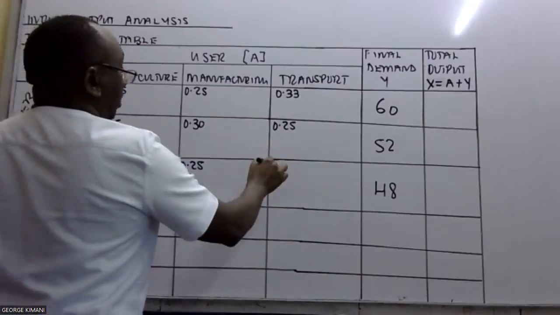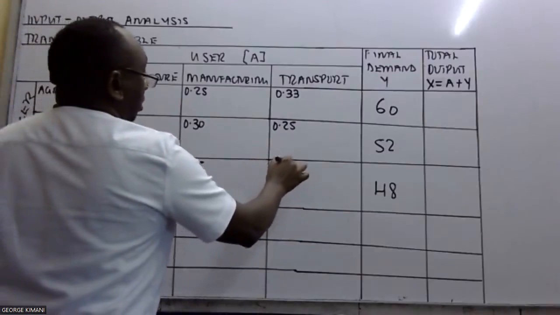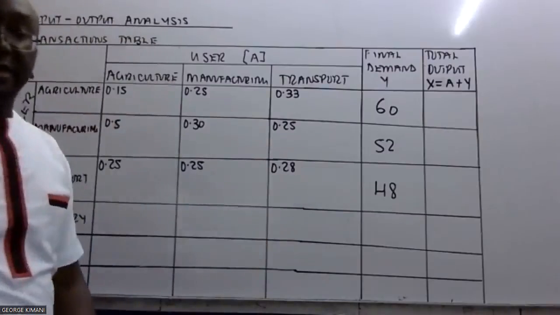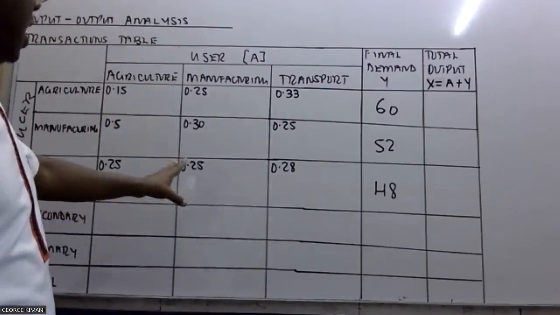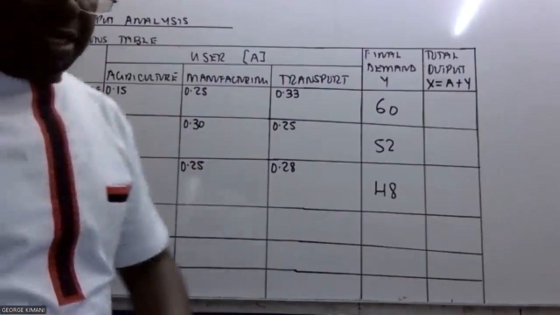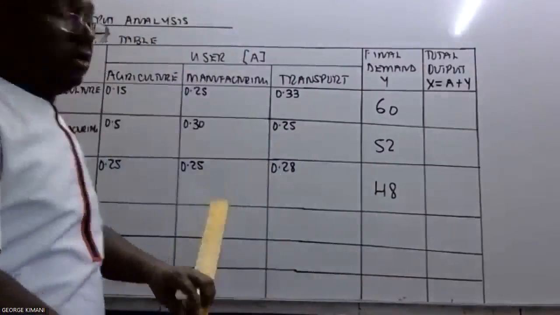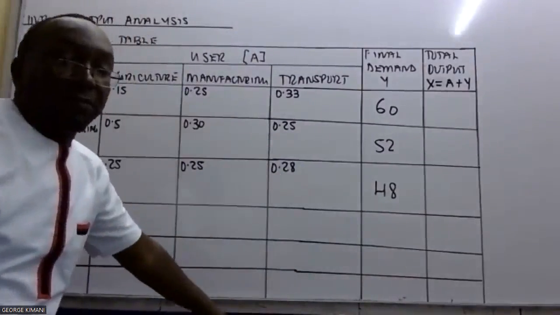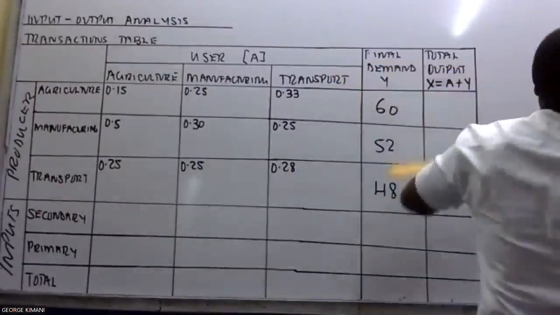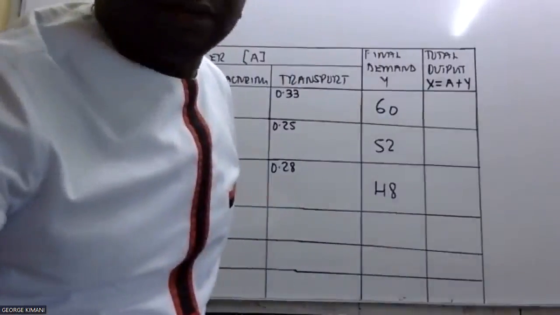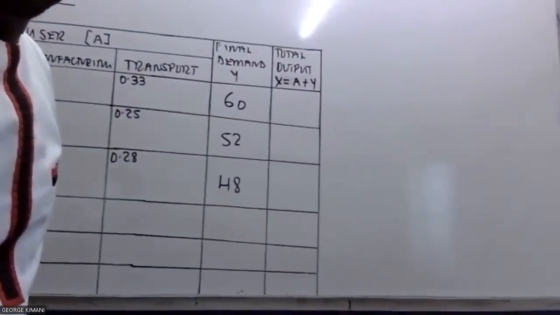This is 58, 0.28. And the figures that we have assumed, we are going to put an asterisk. So now I want us to go down below it. Let me change my camera so that now we answer the question.